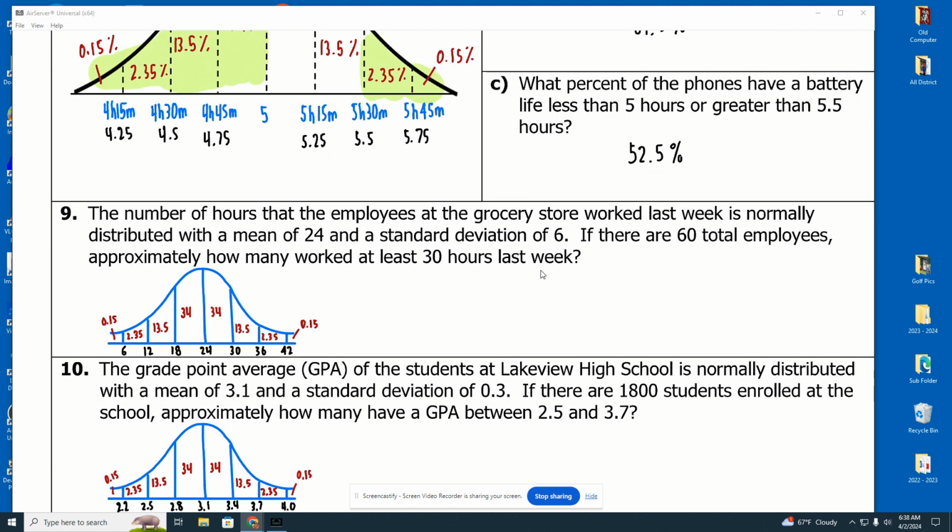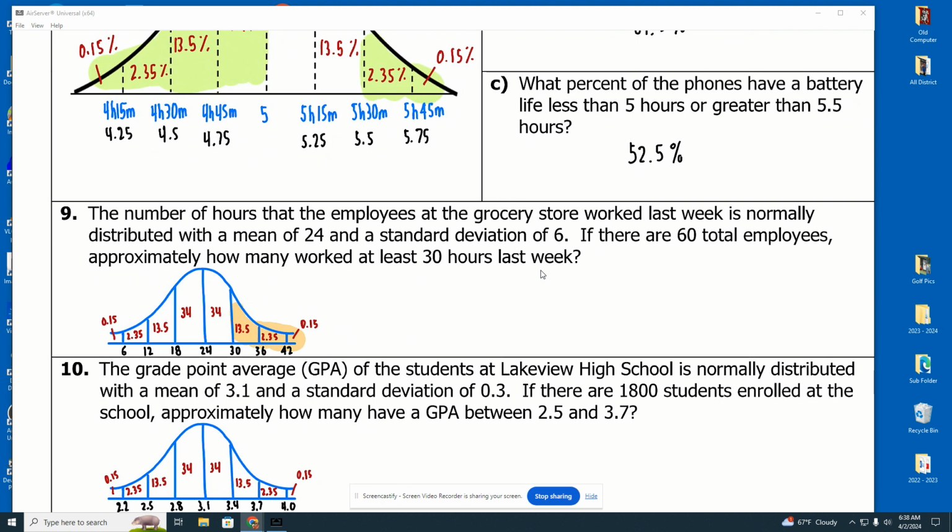Okay, so at least 30 hours means we are doing 30 hours at the least, right? 30 hours is the smallest amount. So with that being the case, we're going from 30 and up. That 30 was the least amount. So that's 13.5 plus 2.35 plus 0.15.